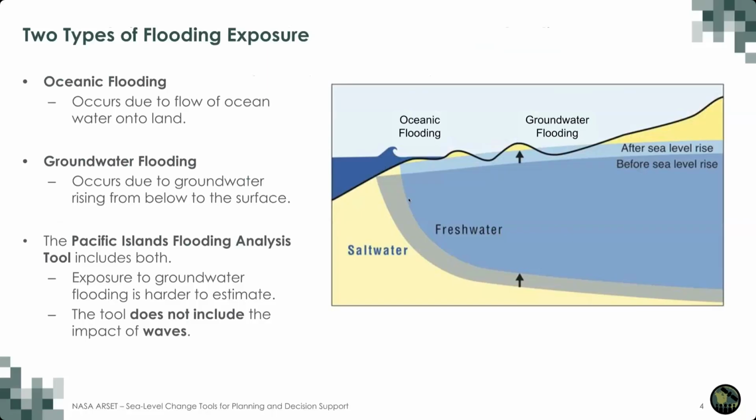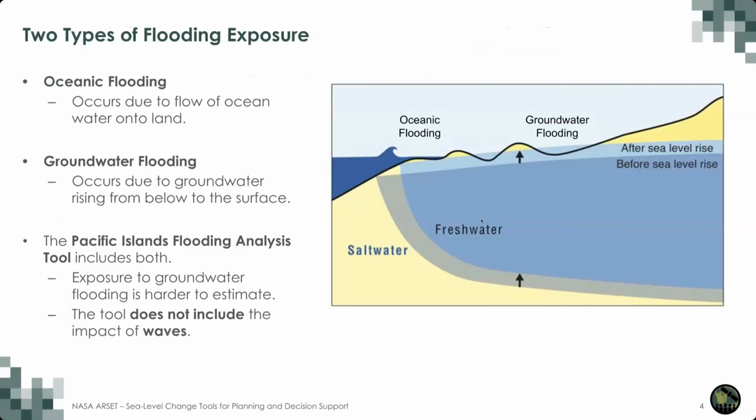But of course, then we also have a different kind of flooding, which is groundwater flooding. And if you're not thinking about sea level rise and climate change, or living in a Pacific island or a coastal community, this is one you may not think about right away. This is flooding that occurs not from ocean water coming onto the land, but from groundwater rising up from below.